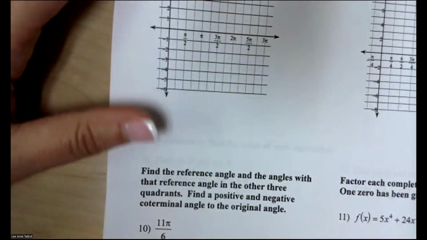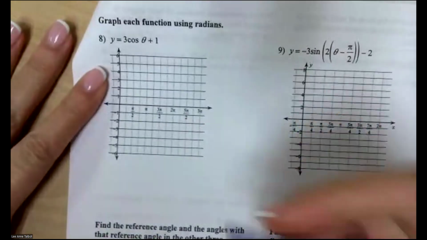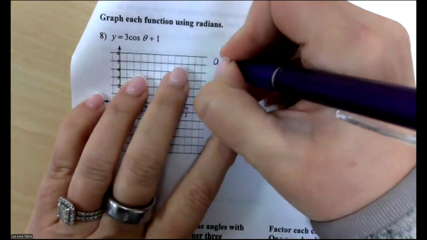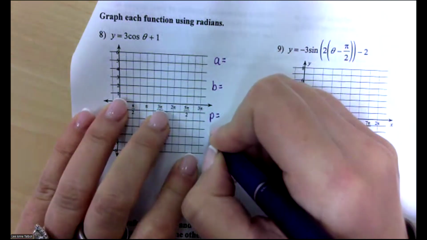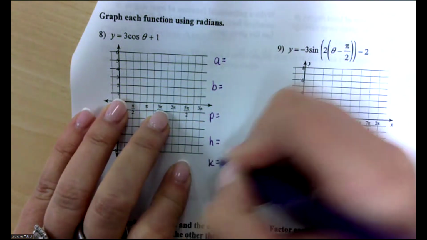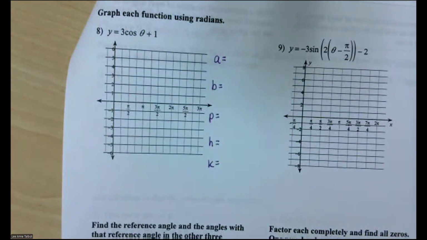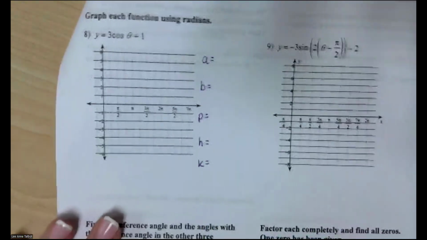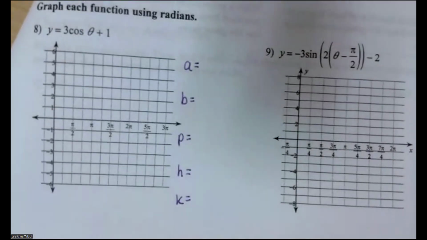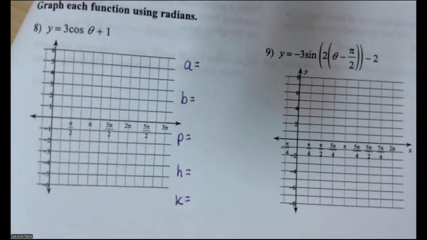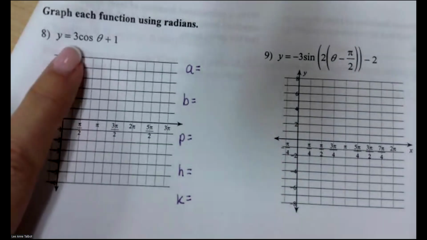Graph each function using radians. Okay, so I'm going to go down the side and go A equals, B equals, P equals, H equals, K equals. Okay, here we go.